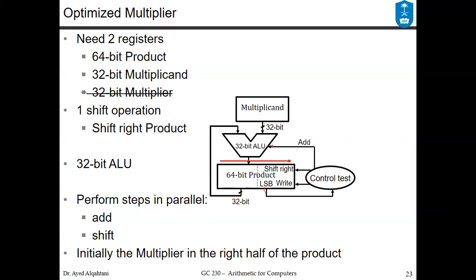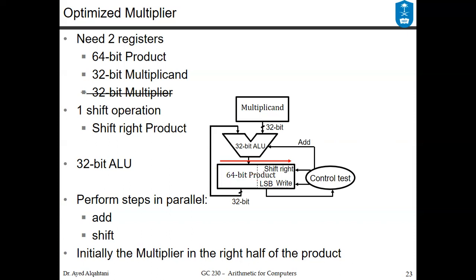For the ALU, you either have an add command to do the addition, or there is no operation. And also for the 64-bit product, the 32 most significant bits initially are 0, and the running sum happens only here.